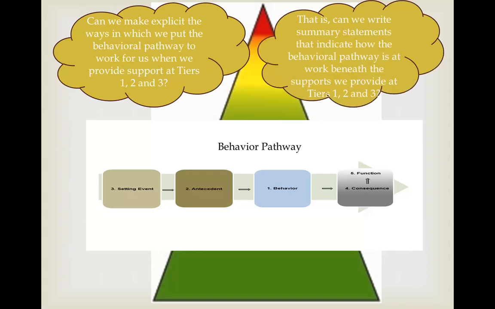Could we actually write a summary statement that indicates how the behavioral pathway is at work beneath the supports we provide at Tiers 1, 2, and 3, rather than just saving summary statements for BIPs at Tier 3? Can we put Tier 1 on the behavioral pathway and then come up with a summary statement that says the vast majority of kids will engage in these desirable behaviors if we create these environmental conditions, because they're likely to get reinforced in these ways that serve this function?